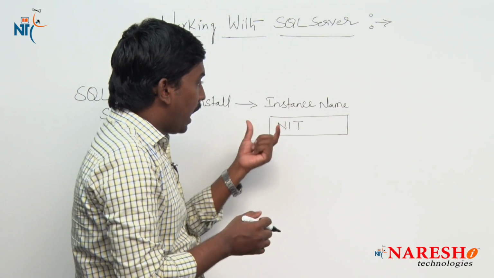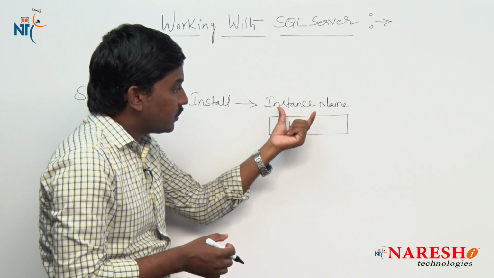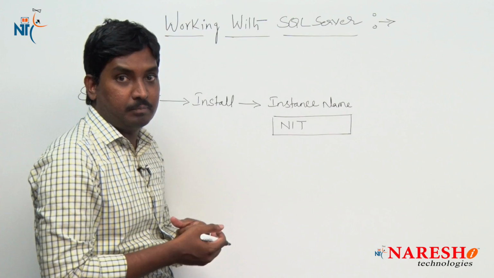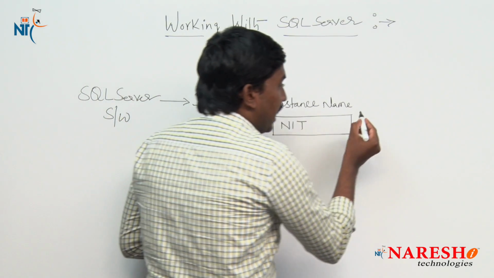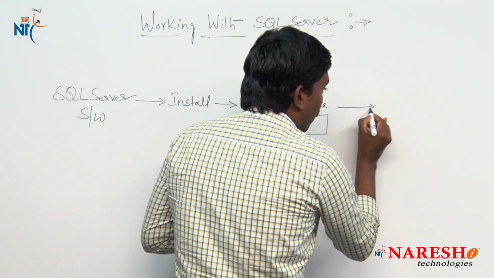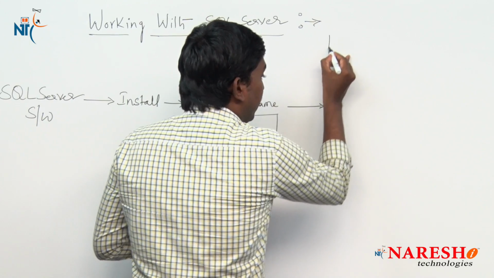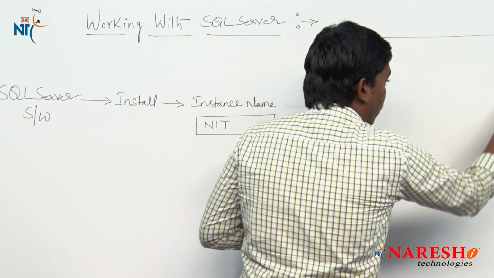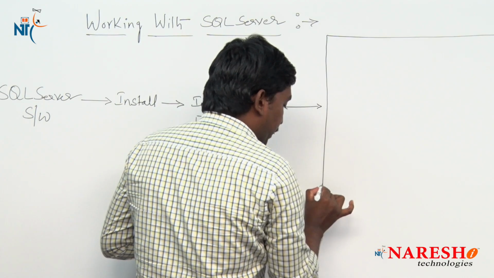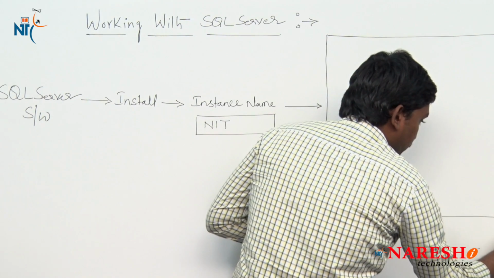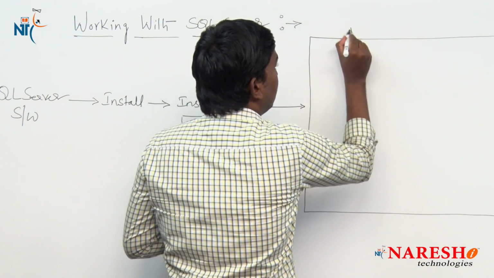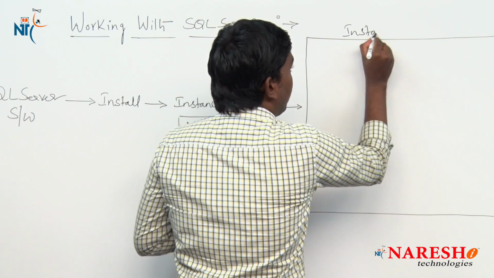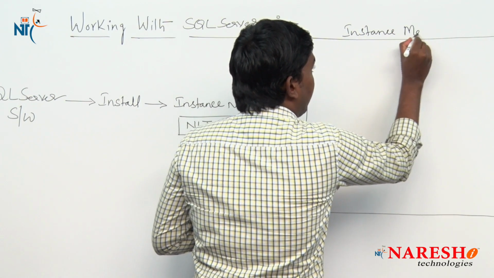So, what I gave here as my instance name is NIT. On this instance name NIT, it will allocate some memory. This is my instance memory, otherwise we can also call it reference memory.